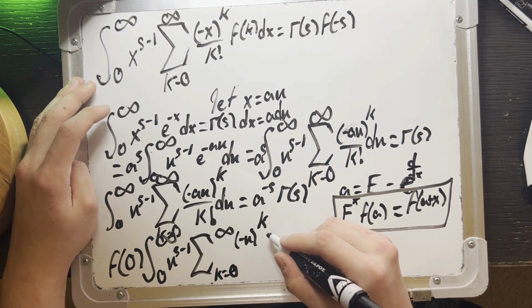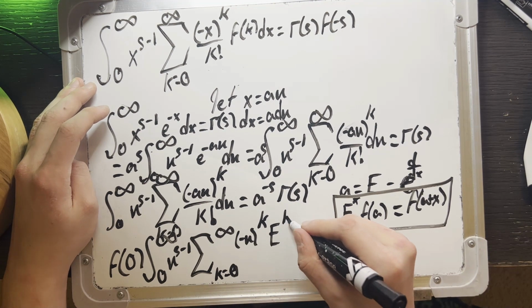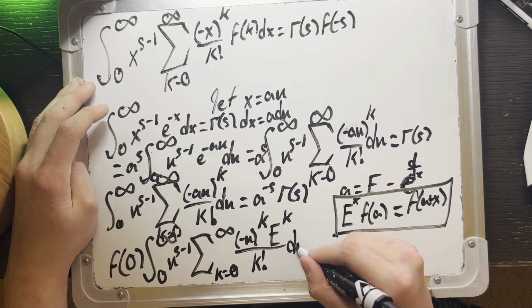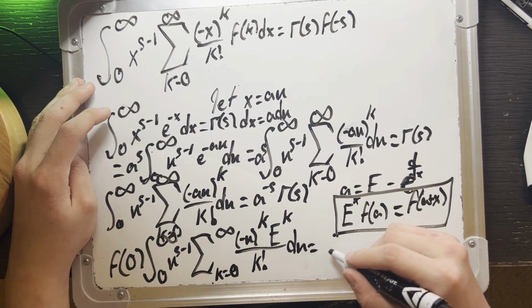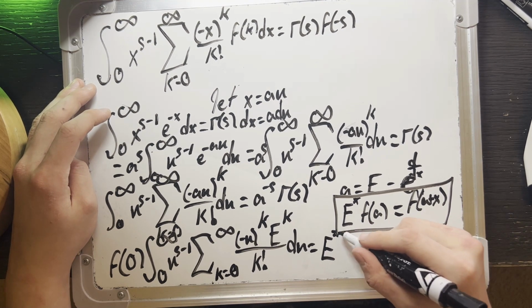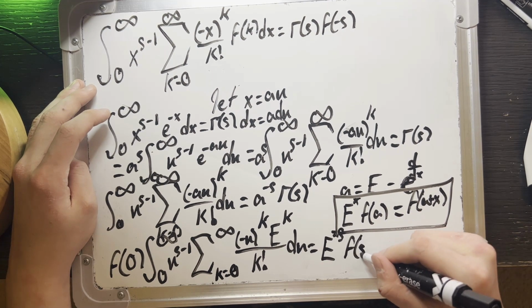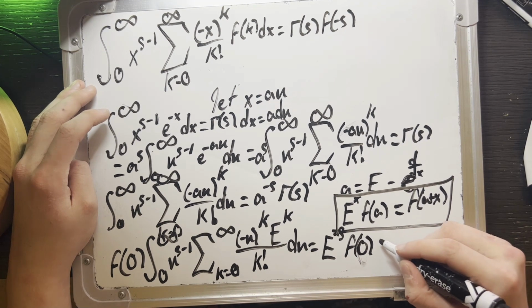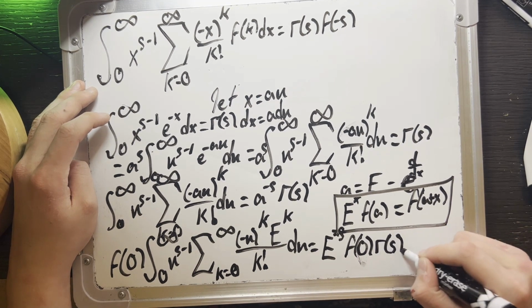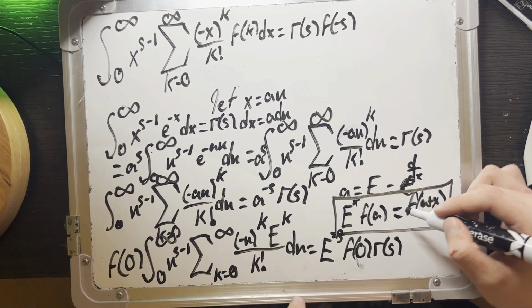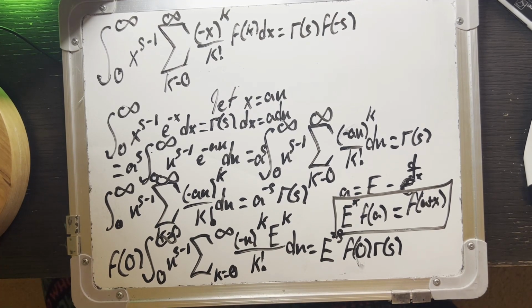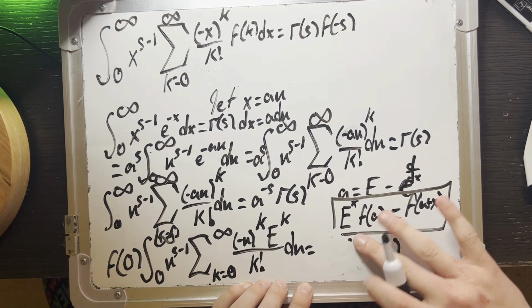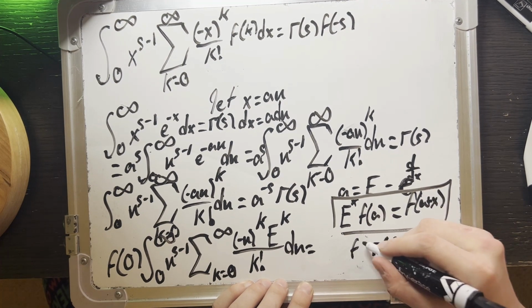Now that's not a anymore, that's big E to the k, over k factorial du equals big E to the minus s times f of 0 times gamma of s. Okay, now use the fundamental theorem of E, not trademarked. We get gamma of s times f of minus s.